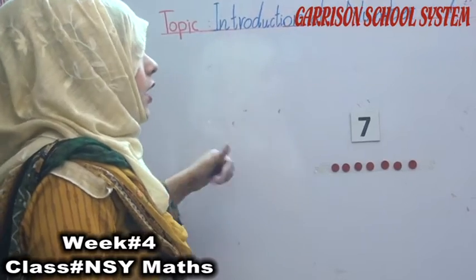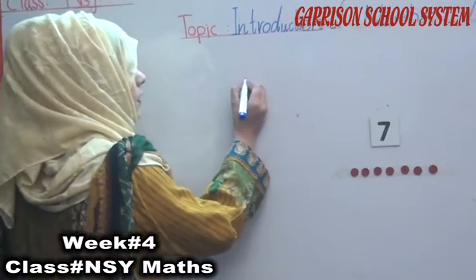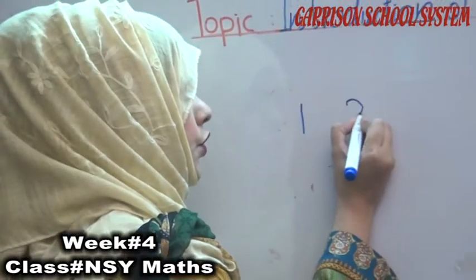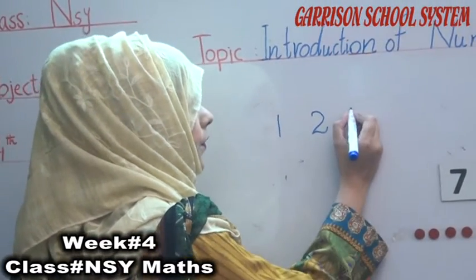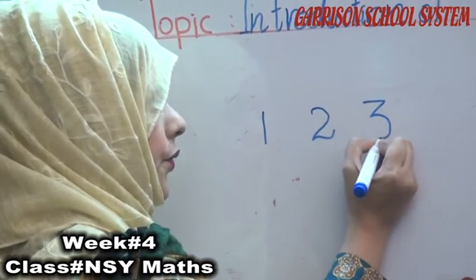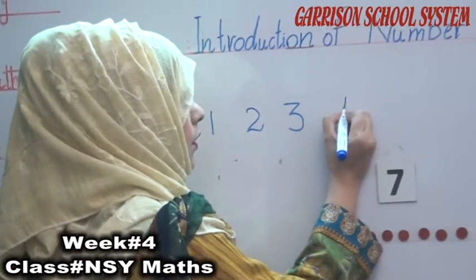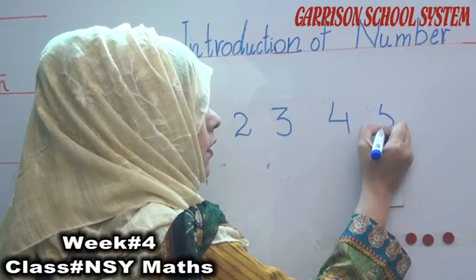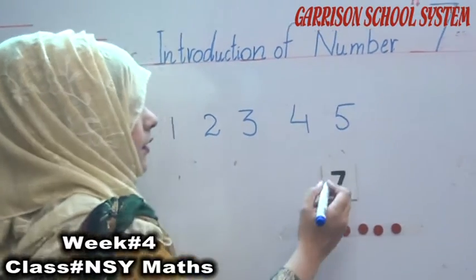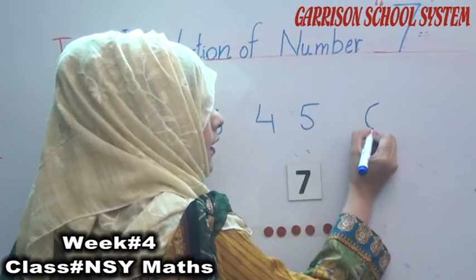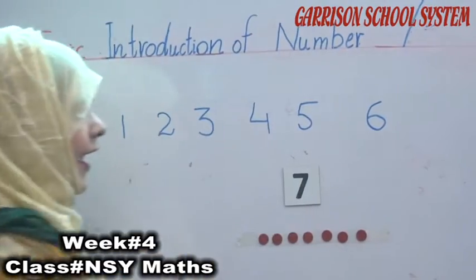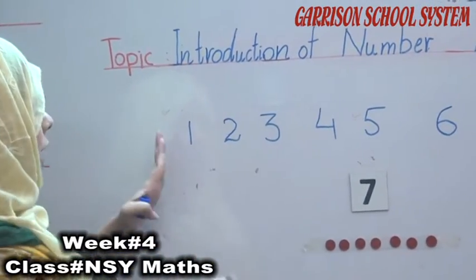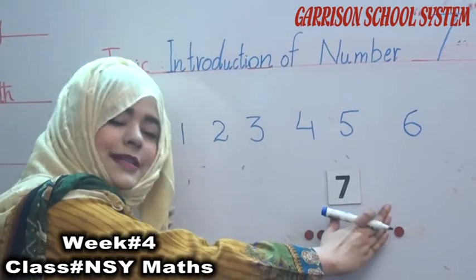You have read 1, 2, 3, 4, 5, 6, and now comes number 7. So you have learned from 1 to 7.